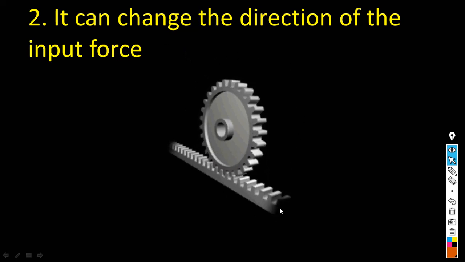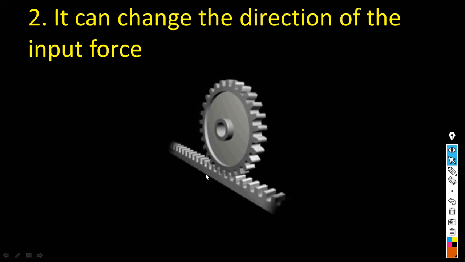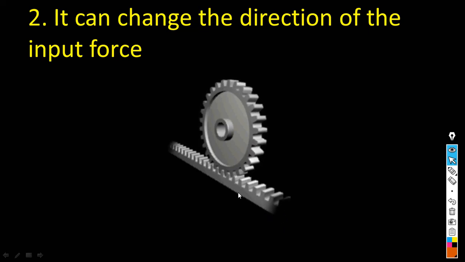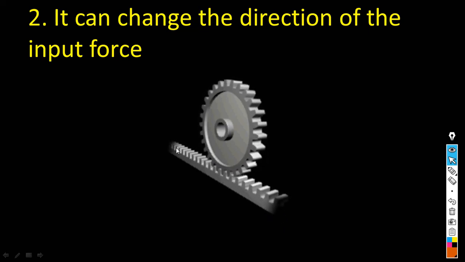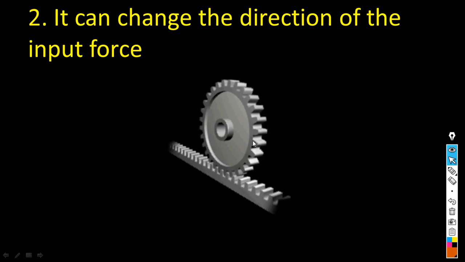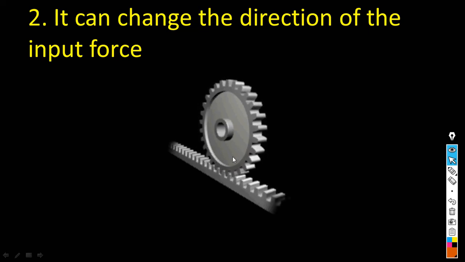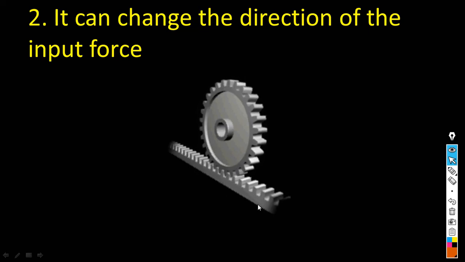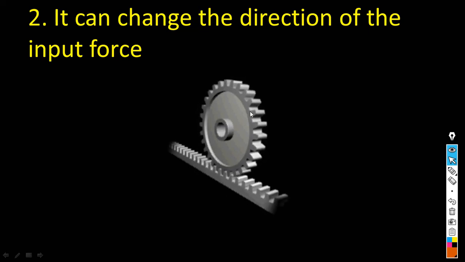Okay, why? Because suppose that you're moving this linear rack in that direction. Okay, if you do that, what you can do with a simple machine is convert linear motion, like in here, into circular motion, as you can see.